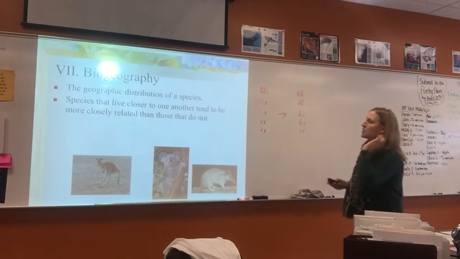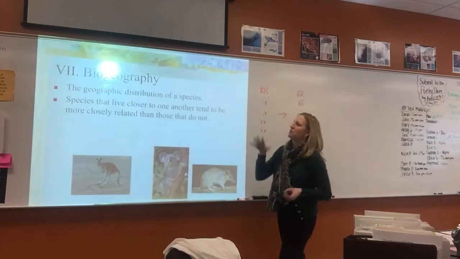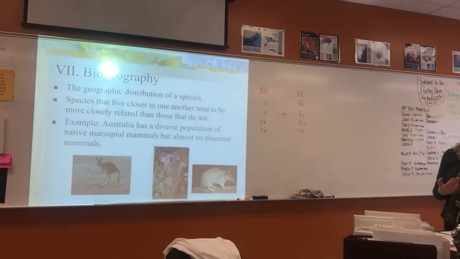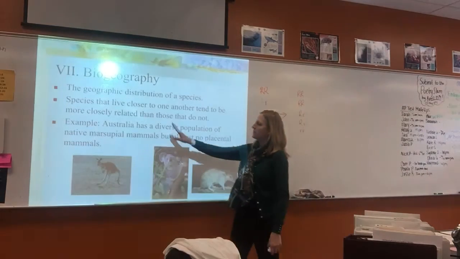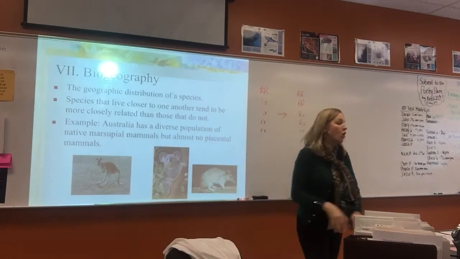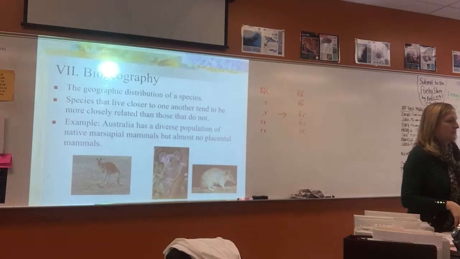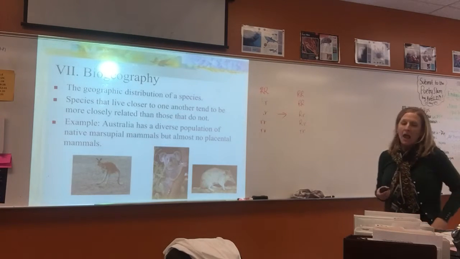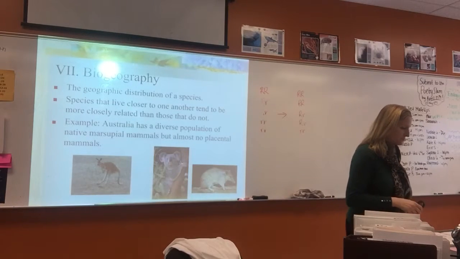And so species that live closer to one another tend to be more closely related than those that do not live closely to one another. And so Australia is an example of that diverse population of native marsupial mammals, but almost no placental mammals. And that's opposite for us. All right, and North America. Okay? And that is chapter 22.